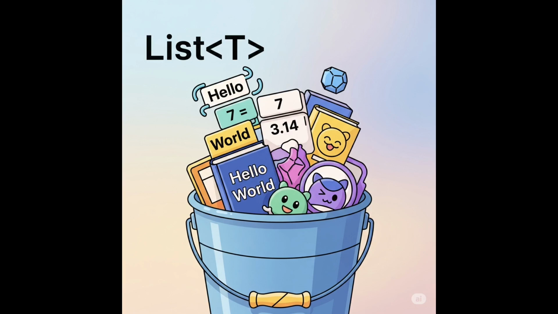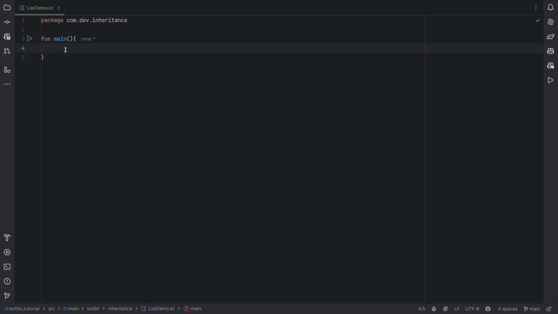So with your List of T, or your container, the real magic begins when we put different kinds of things into the container. So we are going to see what we can put into this container and how we organize things inside the container.